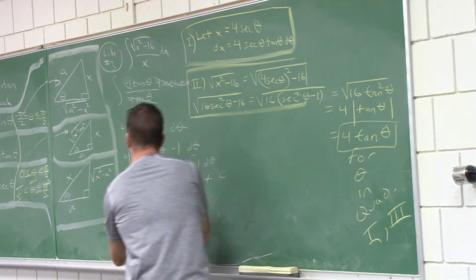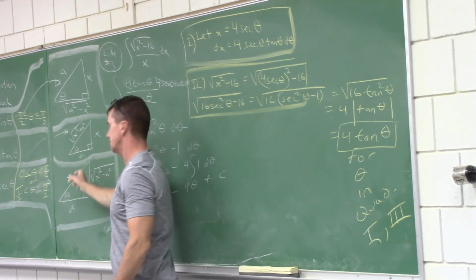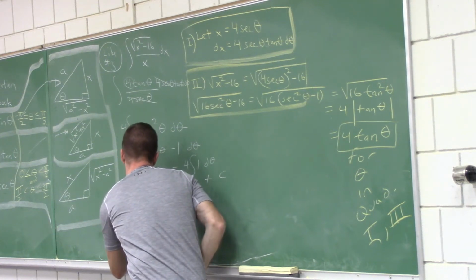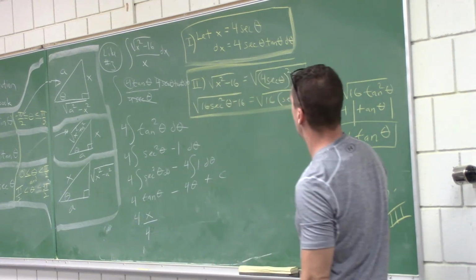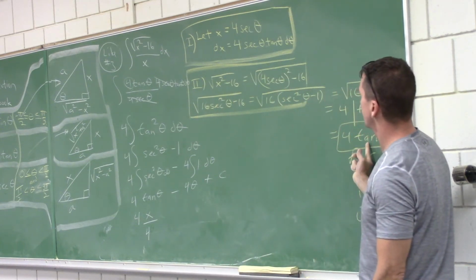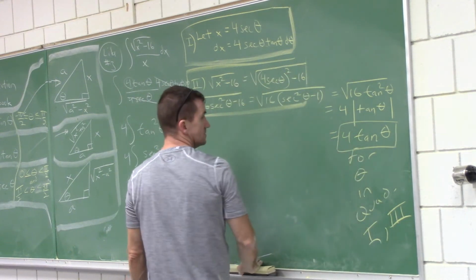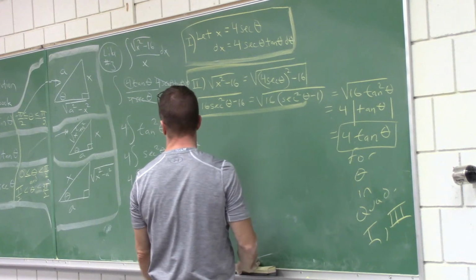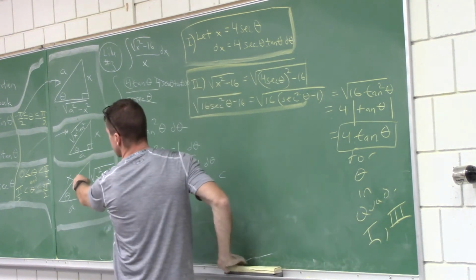4 tan theta would be 4 times the opposite over the adjacent, right? What was that? So far, so good? Tangent of theta was equal to the square root of x squared minus 16, over 4.